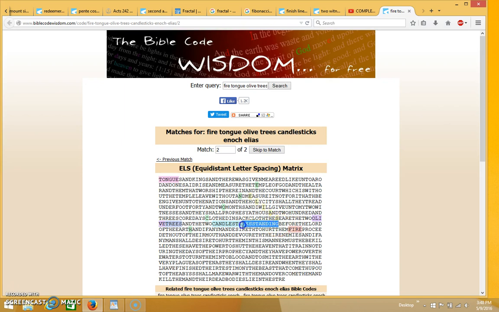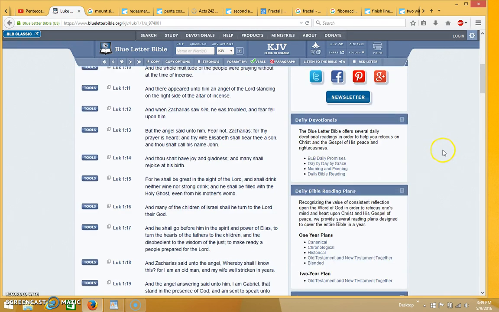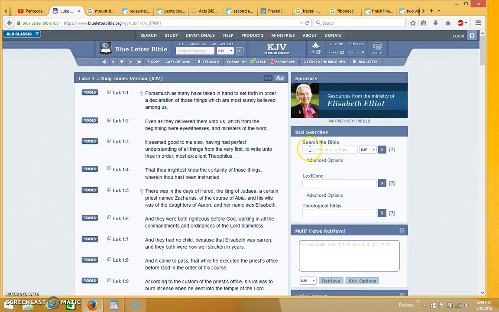So these are the 2 candlesticks standing that's talked about in the book of Revelation, which is also a parallel to Zechariah 4:11. And I pointed this out in my 2 witnesses video, which if you'd like you can watch for some more information, but I'll just point it out again real quick.